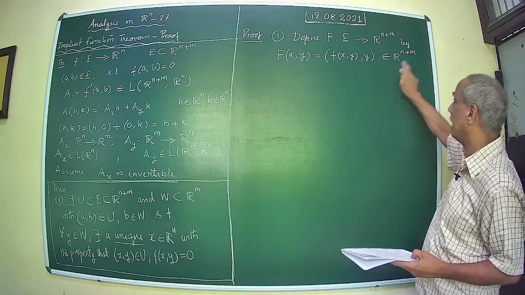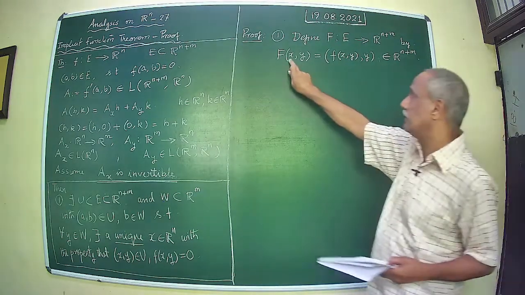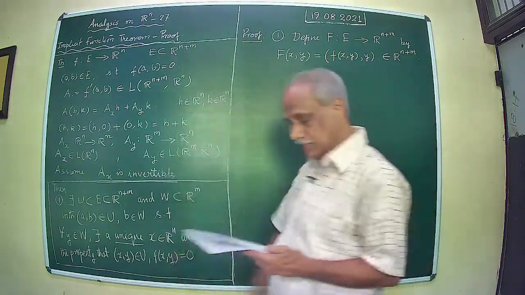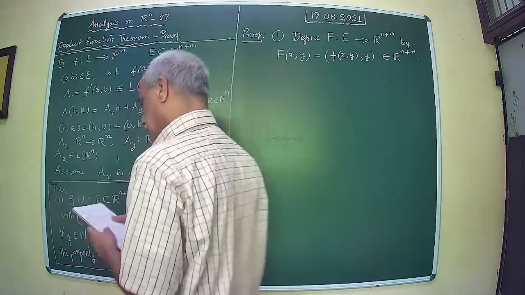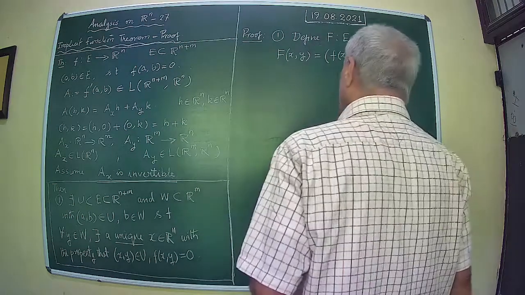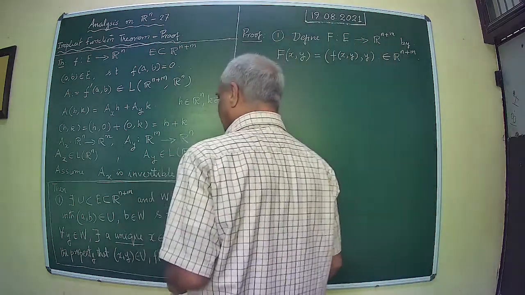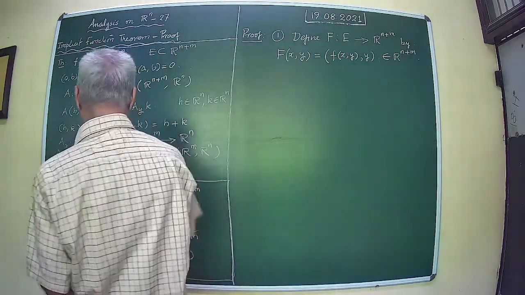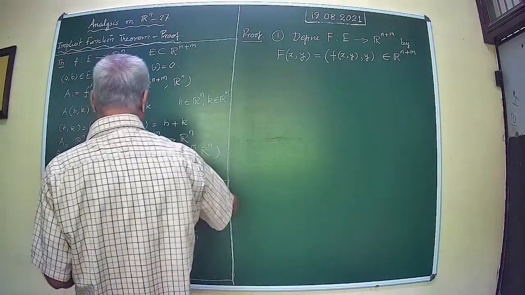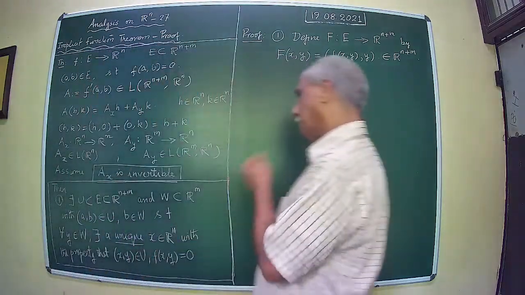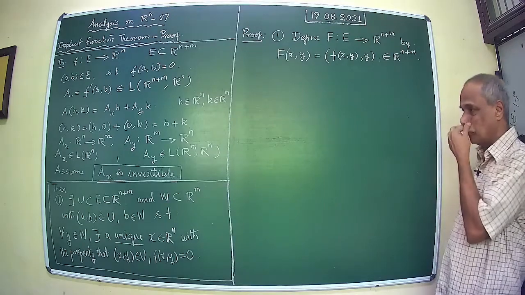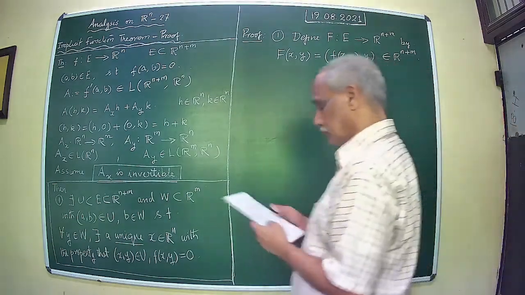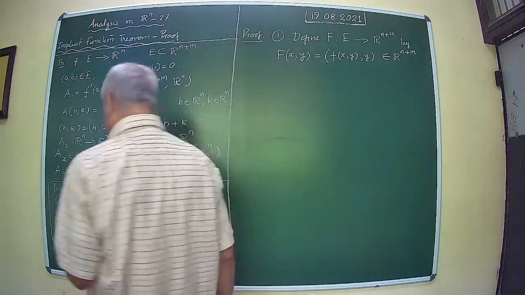So it is in R^(n+m), and (x,y) is picked in R^(n+m). Now what we assert is that under this particular assumption, that is A_x is invertible, we can prove that F derivative is invertible.